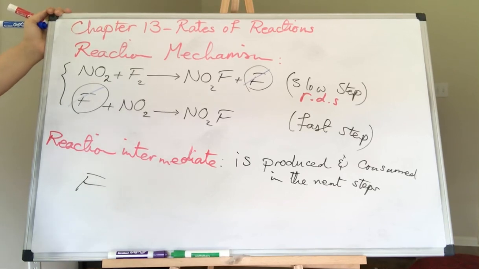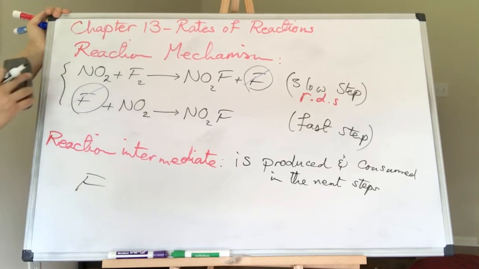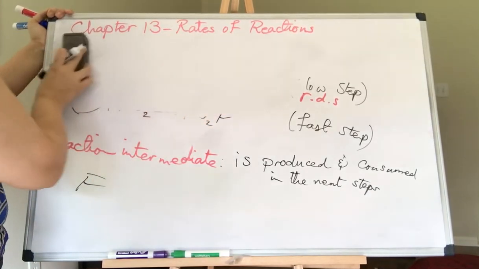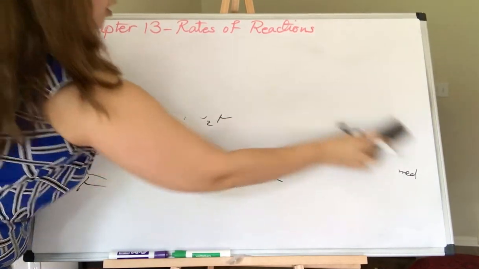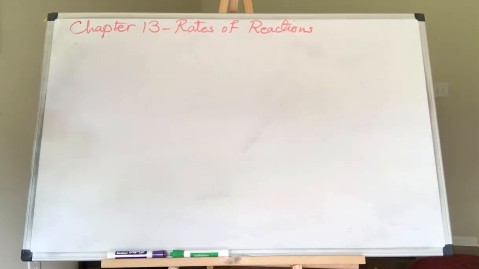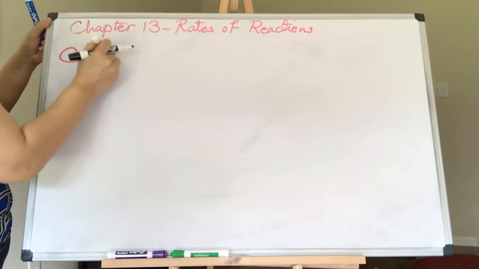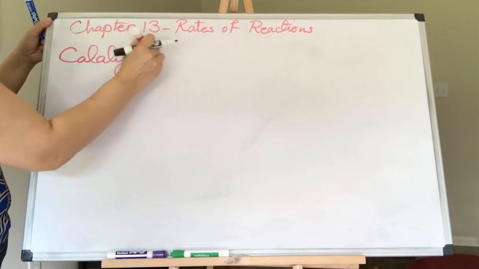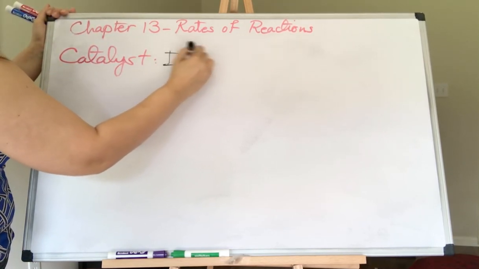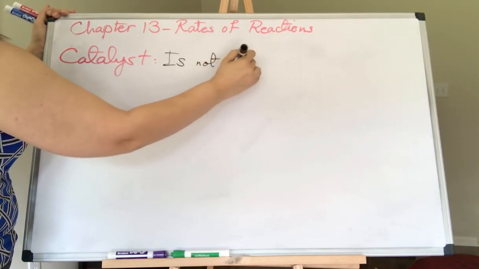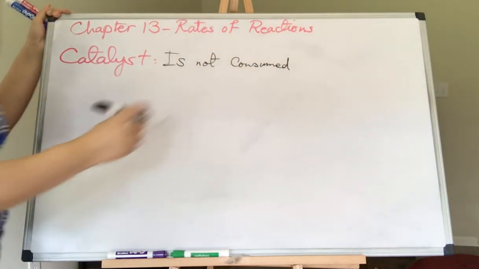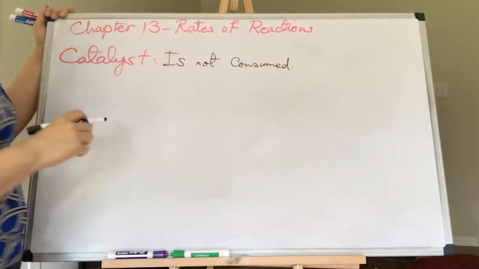Another thing that you need to be able to determine in the reaction mechanism is the catalyst. You all know what a catalyst is. Catalyst is a species which is not consumed. Okay?